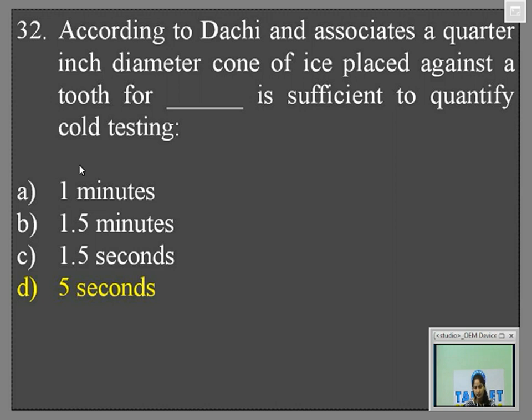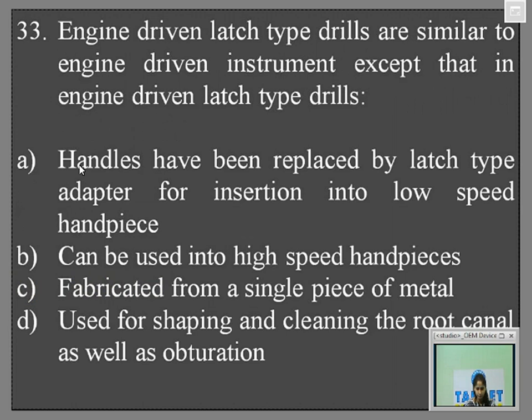So what is this baseline? Baseline is your 16 to 55 degrees centigrade. Heat testing will elicit pain at 65 degrees centigrade and beyond, and cold testing will elicit pain at 5 degrees centigrade and below. Okay. You should know the conversion to Fahrenheit.